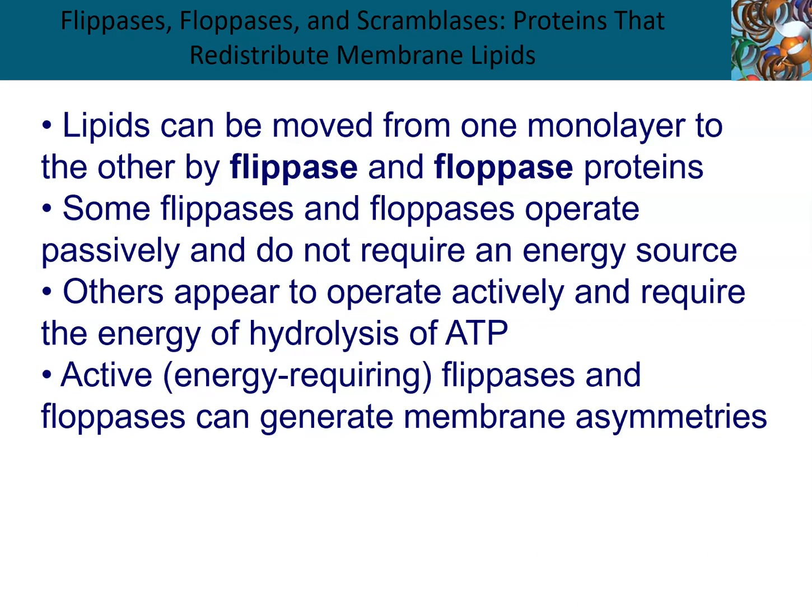I talked about how you can see a lipid component move from the outer leaflet to the inner leaflet, or the inner leaflet to the outer leaflet. And this is going to happen spontaneously to try to reach an equilibrium, which we don't want to happen, because the asymmetry is essential for biological function.